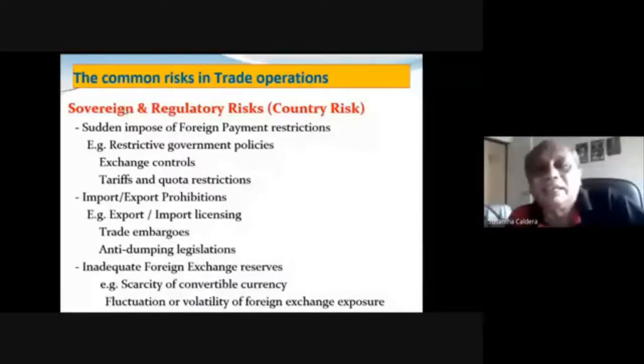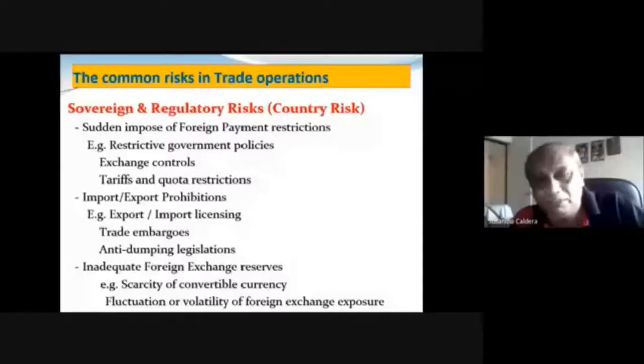Restrictive government policies, exchange control regulations, tariff and quota restrictions, import-export prohibitions. Sometimes export prohibitions can happen. Import licensing. Then trade embargoes.